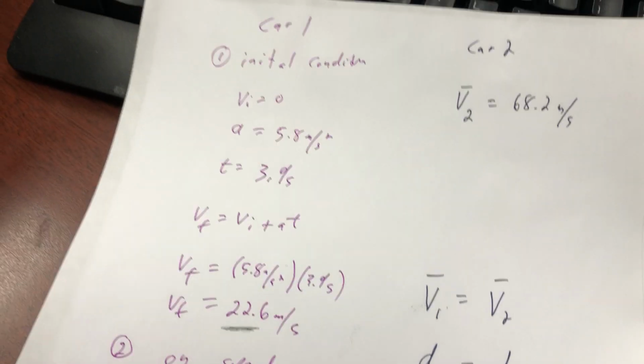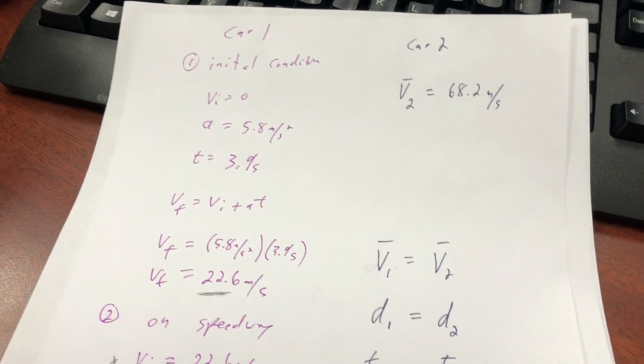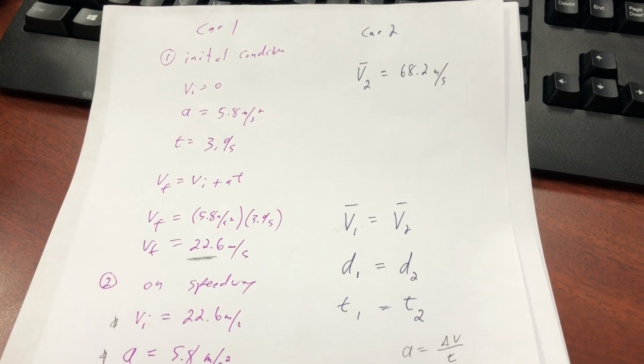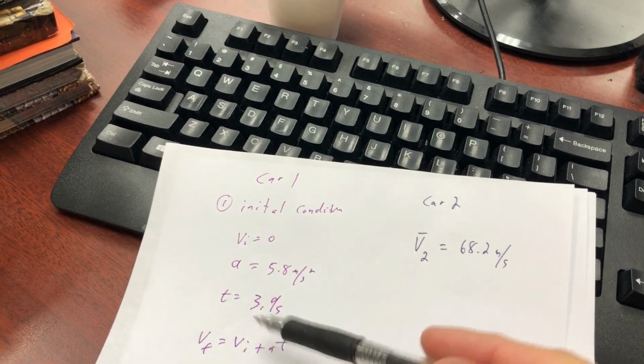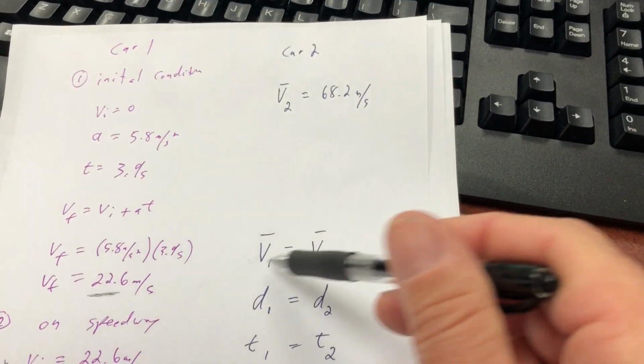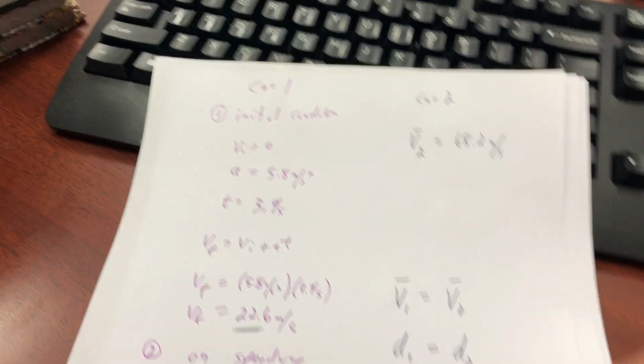So it didn't ask me the distance, but I could even go back and find the distance as well. So yeah, that's how you do that one. You have to know that the V averages are equal, which is similar to the last test we did. And then you have to know that you have to do it in 2 steps.